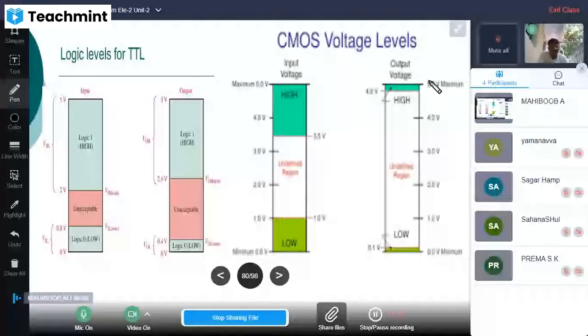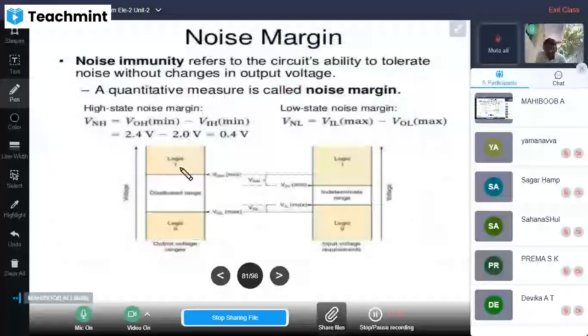These are the logic levels for CMOS, and these are called logic margins. Here this is high, this is low, and this is the disabled or forbidden state.